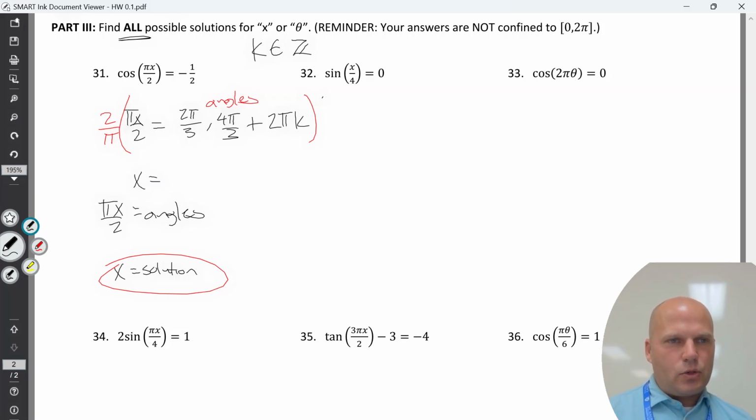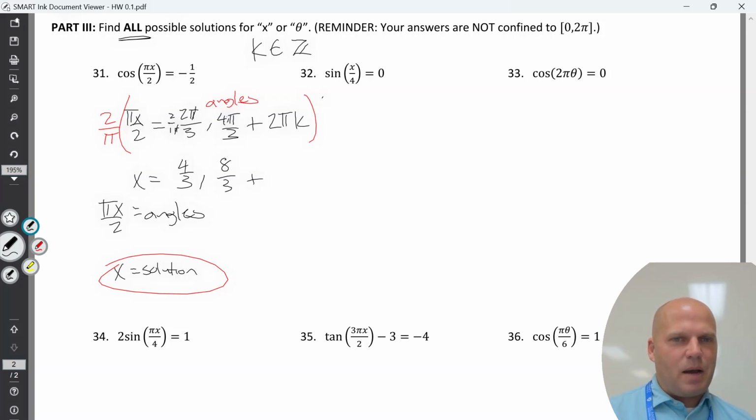Now, multiplying by 2 is like multiplying by 2 over 1. Dividing by pi is like multiplying by 1 over pi, or multiplying the bottom by pi. We notice that the pi's will cancel, and then we'll just double the numerator. So we get 4/3. Multiply by 2, divide by pi, 8/3.